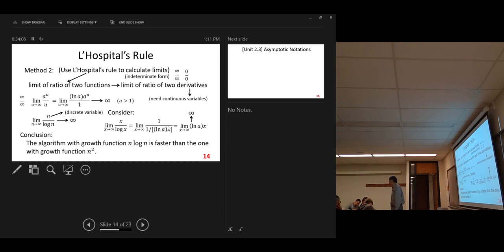So try to think in that way. Infinity can beat any large number you want. Good. Any other question?